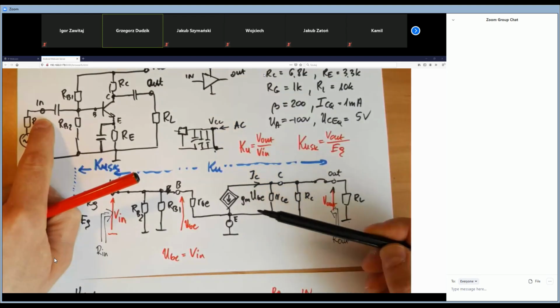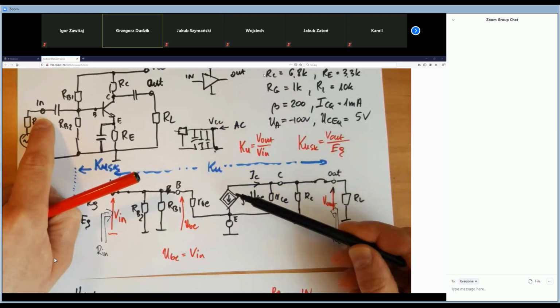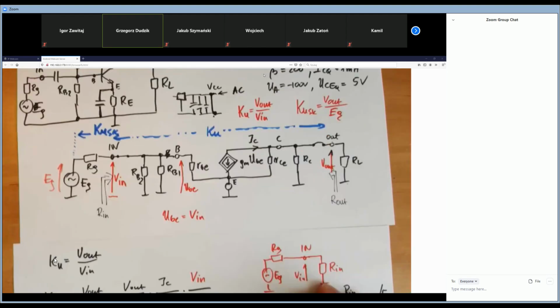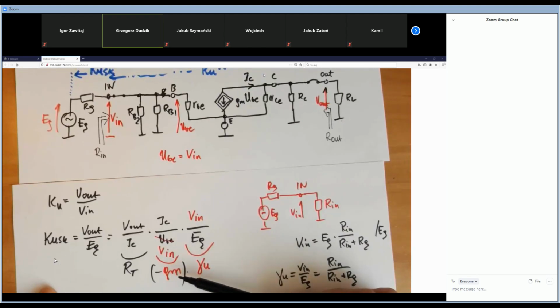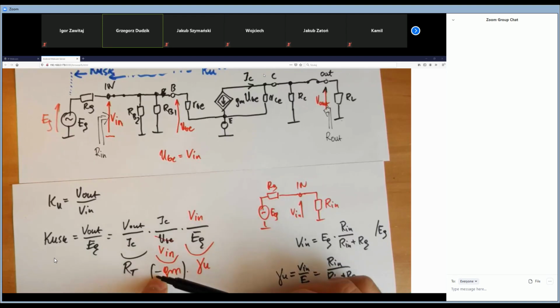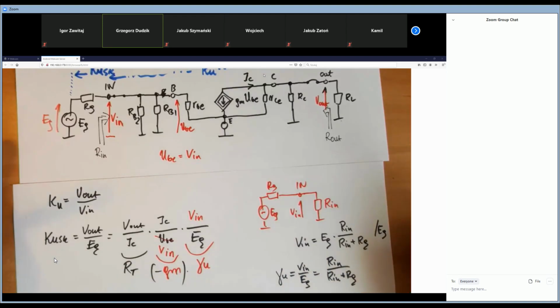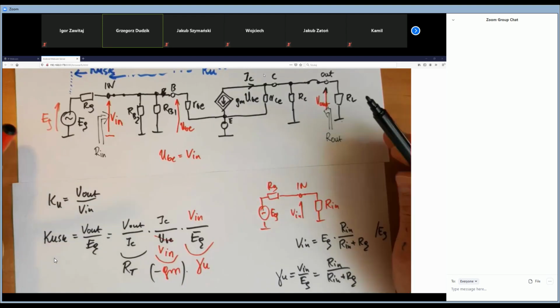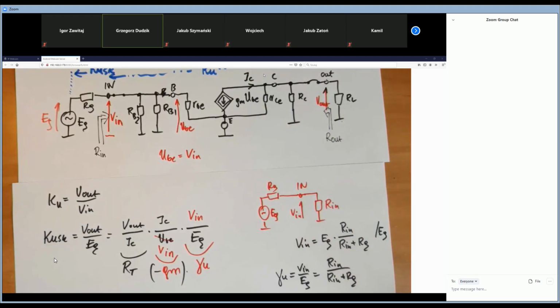That's why here we've got the minus GM. And this minus tells us not that GM has a negative value, but that the phase is shifted by 180 degrees. All right? Great.